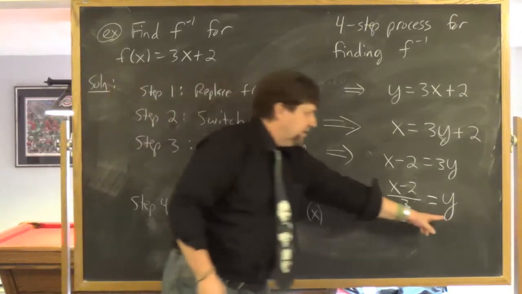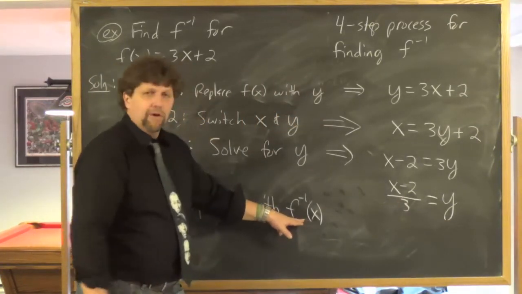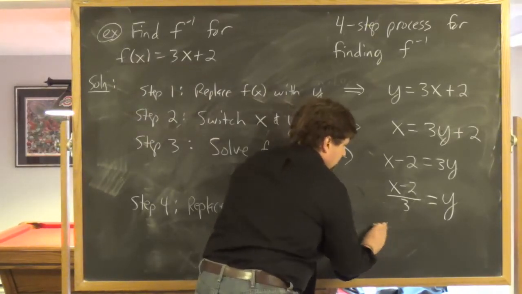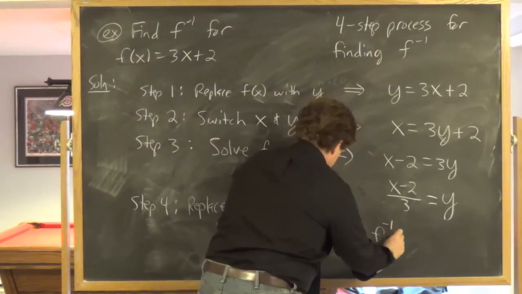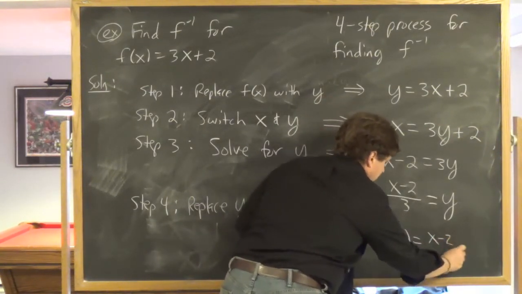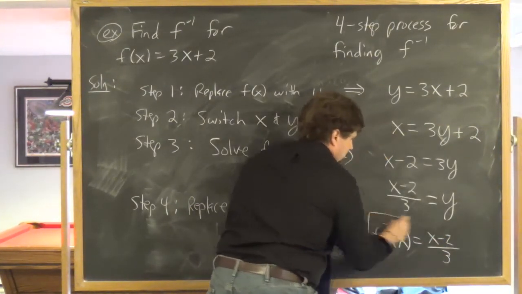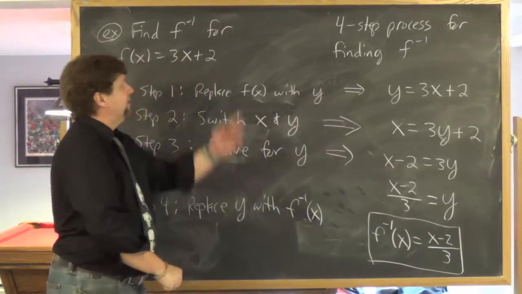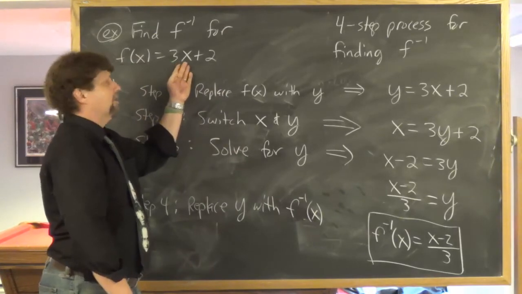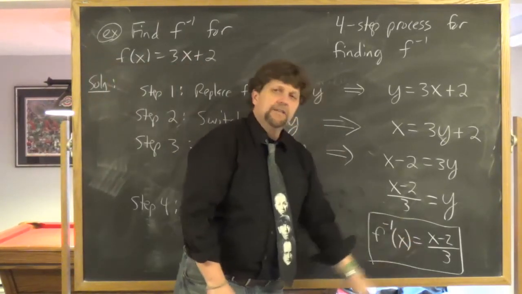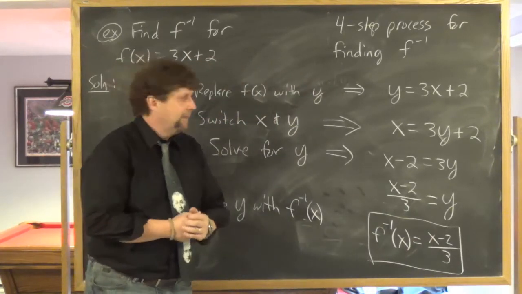So we replace the y with the appropriate inverse function notation. And we get that the inverse function for f of x equals 3x plus 2 is x minus 2 over 3.